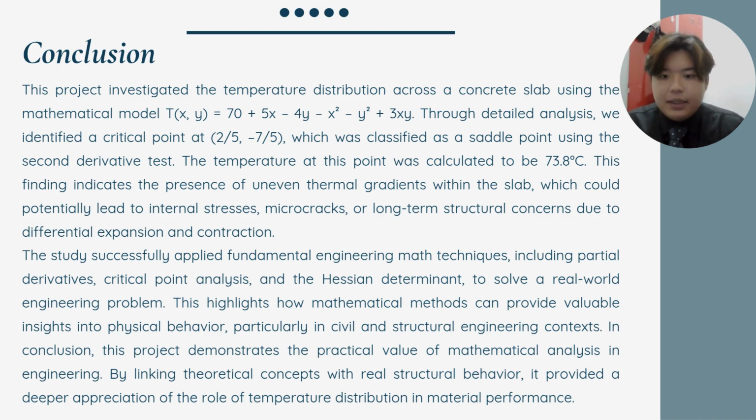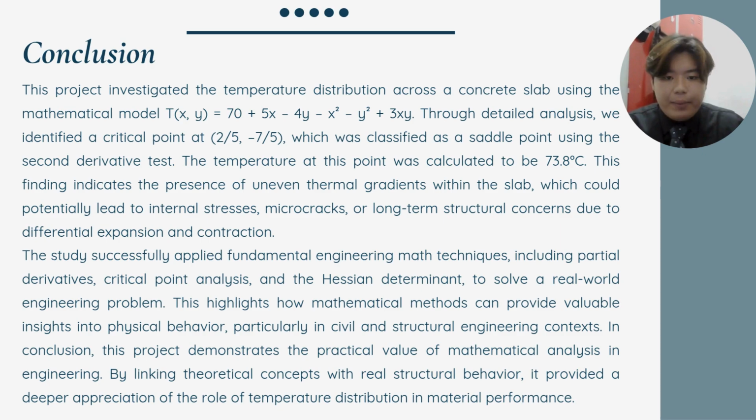These findings indicate the presence of uneven thermal gradients within the slab, which could potentially lead to internal stresses, microcracks, or long-term structural concerns due to differential expansion and contraction. The study successfully applied fundamental engineering math techniques, including partial derivatives, critical point analysis, and the Hessian determinant, to solve a real-world engineering problem.